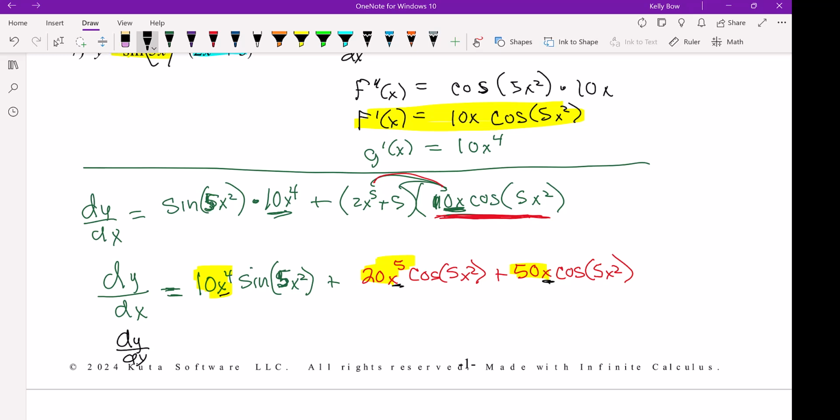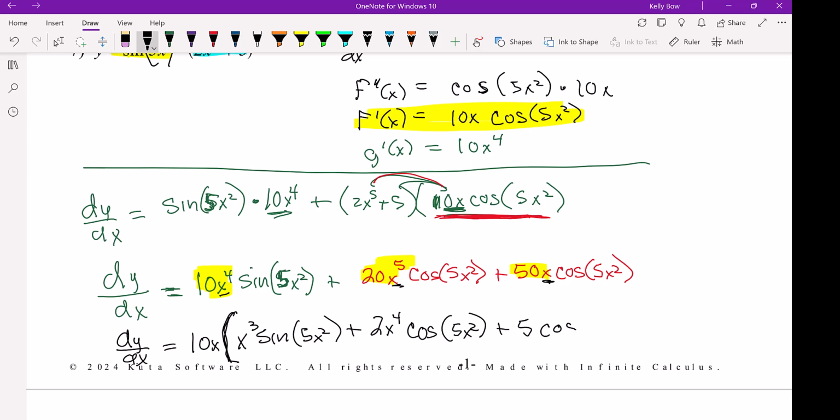So we're going to factor out a 10x, and then inside here, I could have just used parentheses. That would leave us x cubed sine theta plus 2x to the fourth cosine theta plus 5 cosine theta.